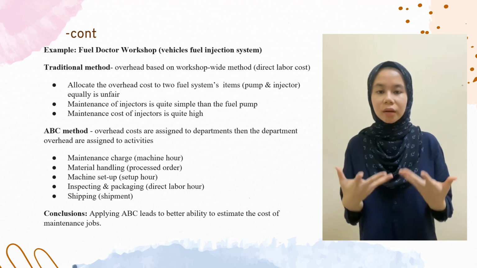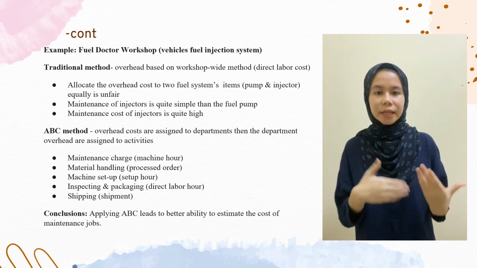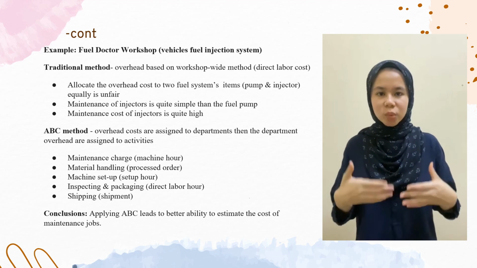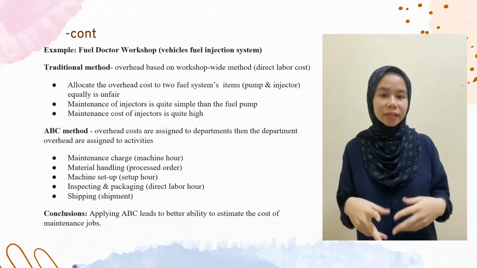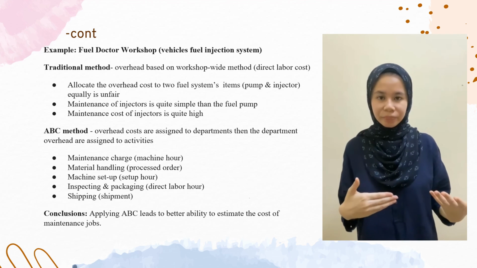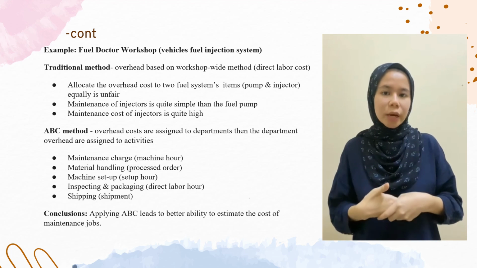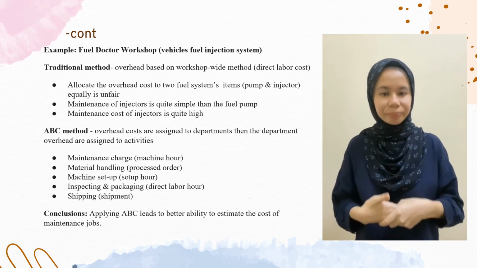Here we used a cost system that allocates service overhead to units maintained based on the direct labor cost. However, it is worth mentioning that allocating the overhead cost to the two fuel system items equally is unfair for the simple reason that the two items consume unequal indirect maintenance resources.